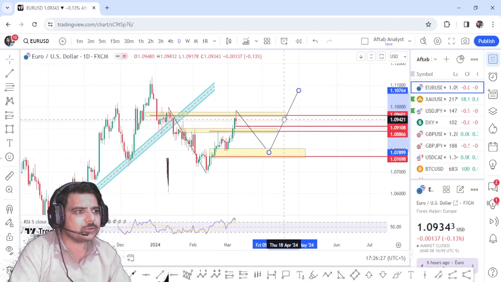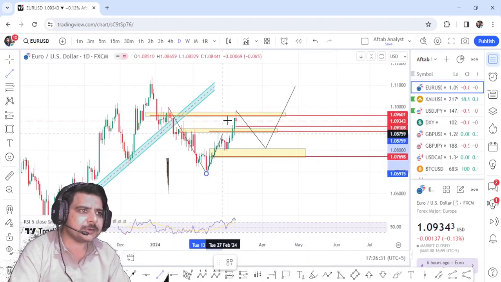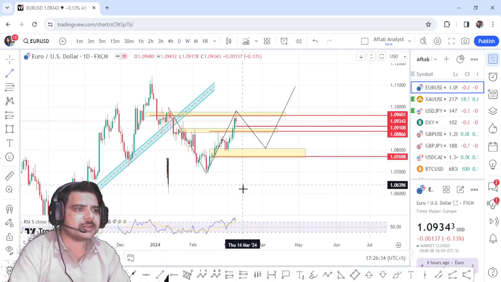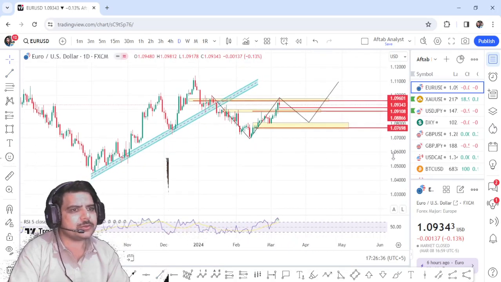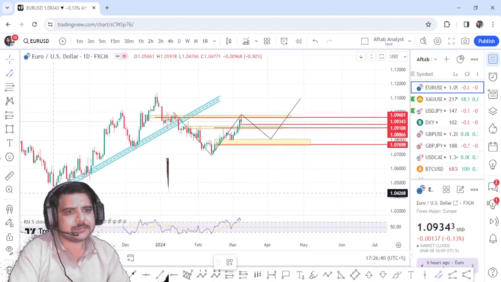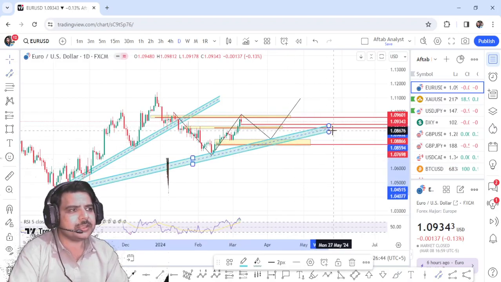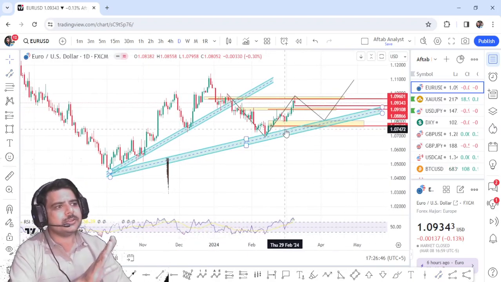So the setup will look something like this, approximate numbers I'm giving right here. And the market will establish a new trend. We have seen most of the time, this is just a prediction, may happen, may not happen, but it will look something like this. And this is a new trend prediction.